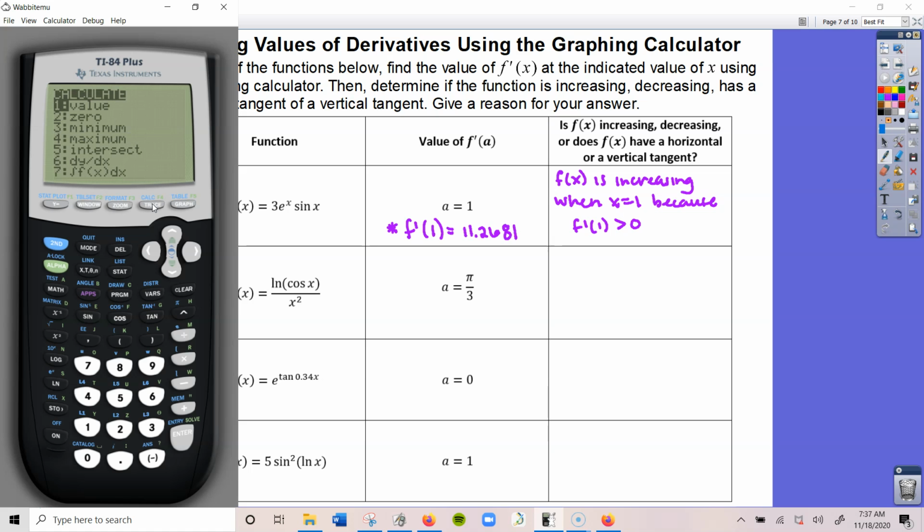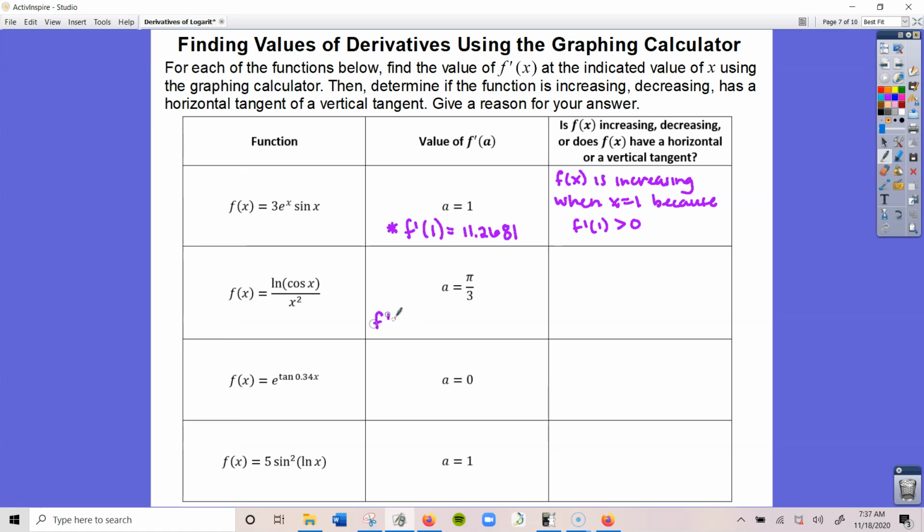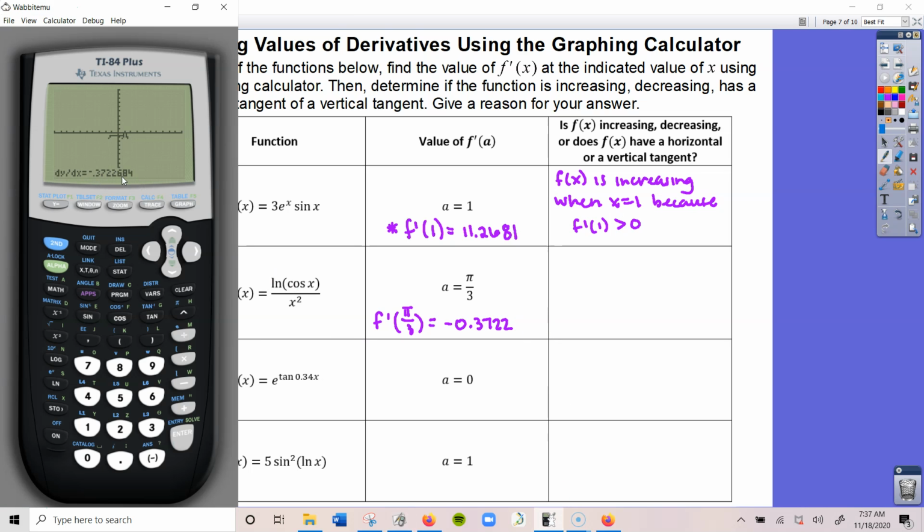So I go to second calc, select option 6, and I'm going to put pi over 3. It's important to not estimate pi. We're going to use the actual pi button, which is right here with the exponent button. So I'm going to click second pi divided by 3, enter. And I get that the derivative, so f prime of pi over 3 is equal to negative 0.3722, which you can see here on the calculator at the bottom.